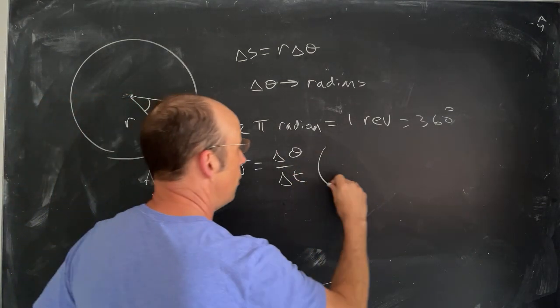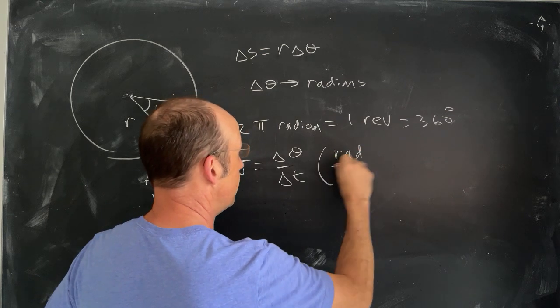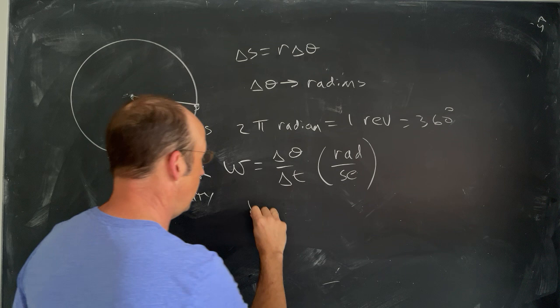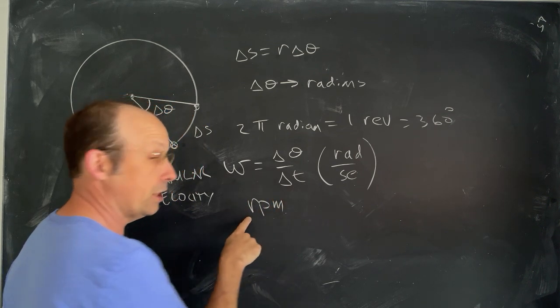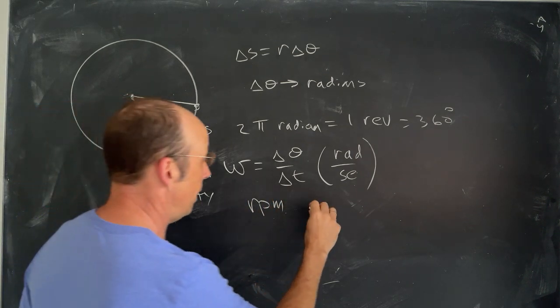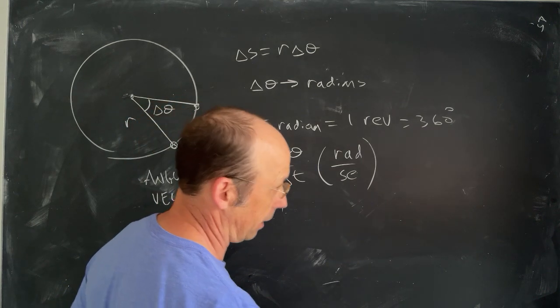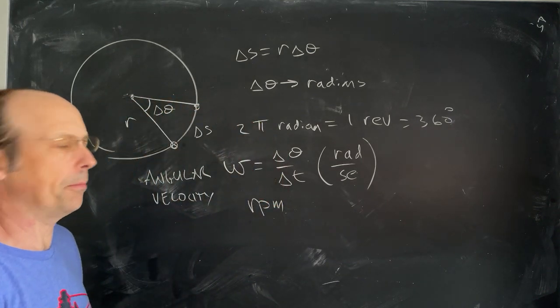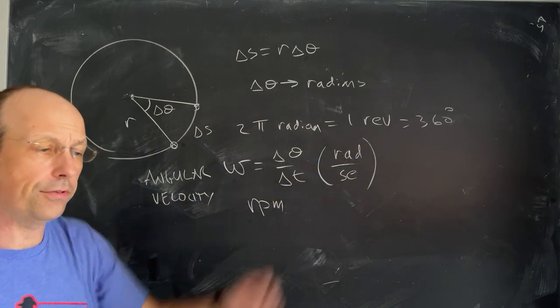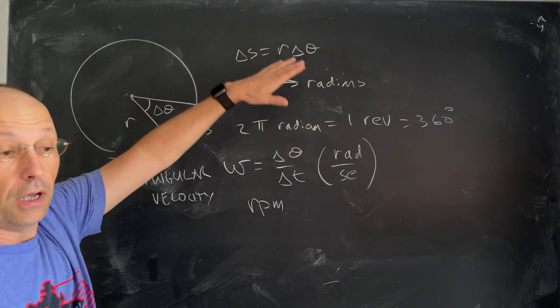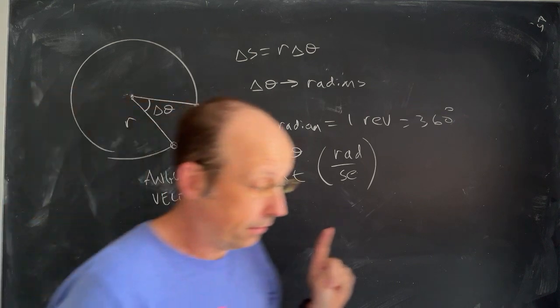And so this would be in normal units of radians per second. But you may see other units. You may see RPM, which is revolutions per minute. You may see degrees per second. Those are the three most common, but you could see a lot of things. We want to use radians per second. And don't worry, I'm going to give you an equation summary at the end.